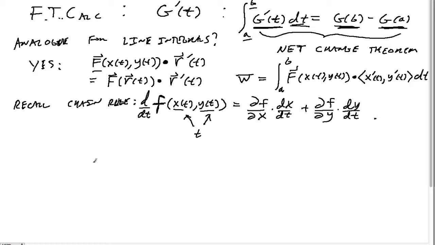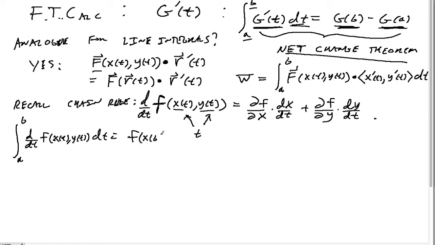Okay, so if we look a little more carefully here, if I have an integral from a to b of the derivative of this function, f of x of t, y of t, dt, then I can use the net change theorem to essentially anti-differentiate. So we have f at x and y both evaluated at b, minus f evaluated at a.